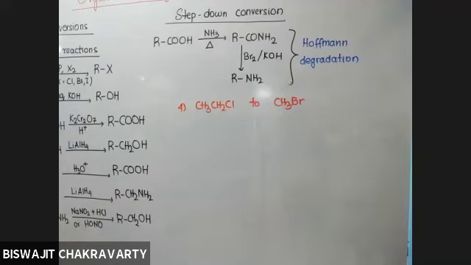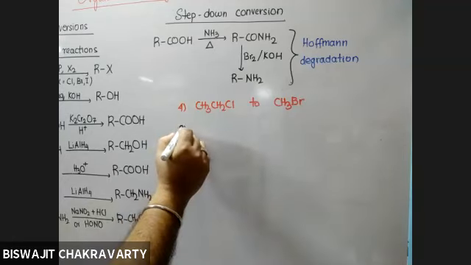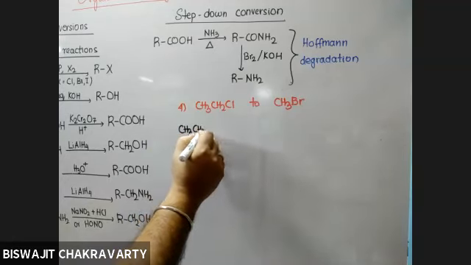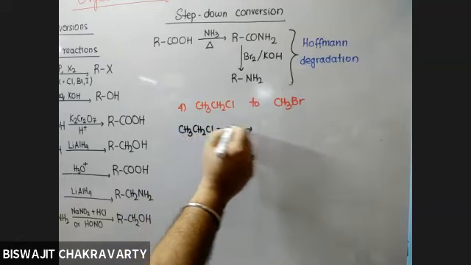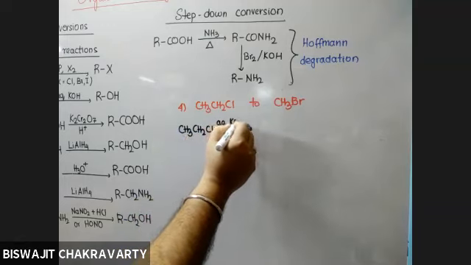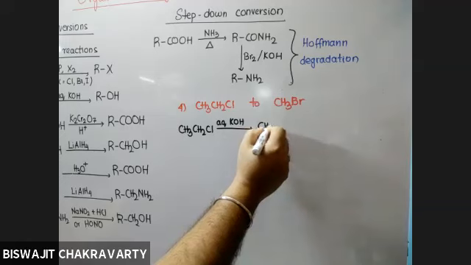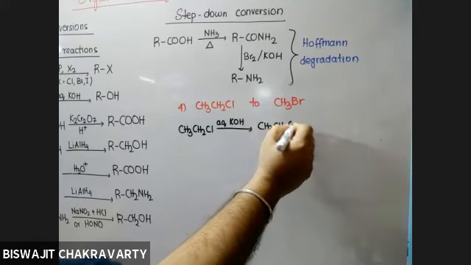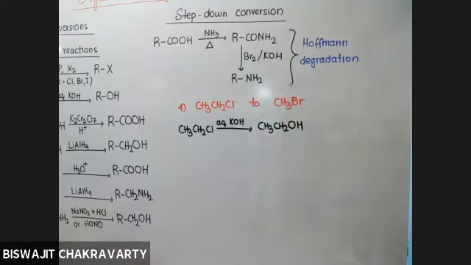Aqueous KOH. Please don't put alcoholic KCN thinking that alkyl halide means KCN. Then if you add KCN, the carbon atom will increase. I don't want to increase it. You get alcohol. What is the next one?